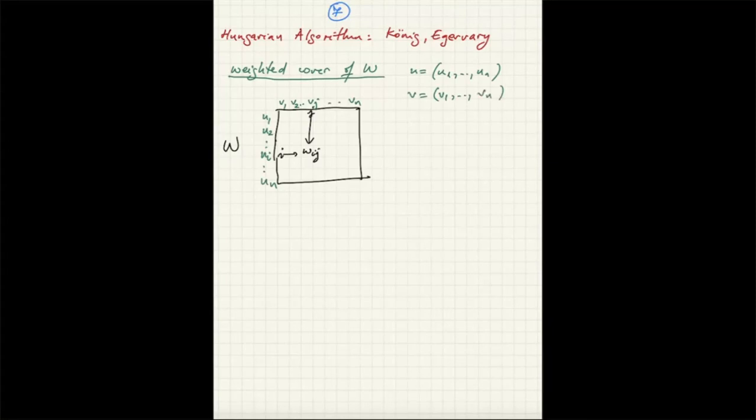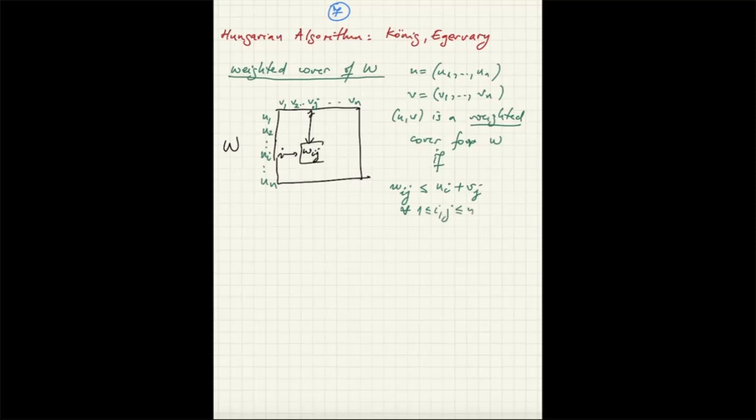So (u, v) is a weighted cover for W if we have the following: if I look at the entry in row i and column j, Wij is at most ui plus vj, for every i and j between 1 and n.